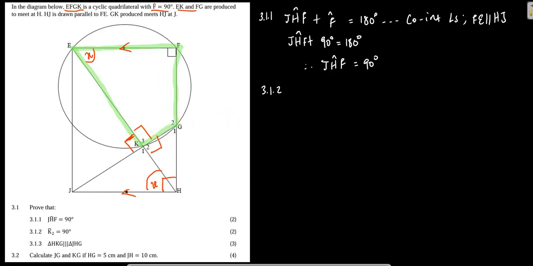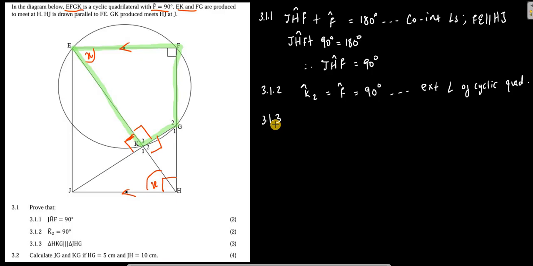So we write that angle K2 is equal to angle F, which equals 90 degrees, and the reason is exterior angle of a cyclic quad. I hope we got that one correct.